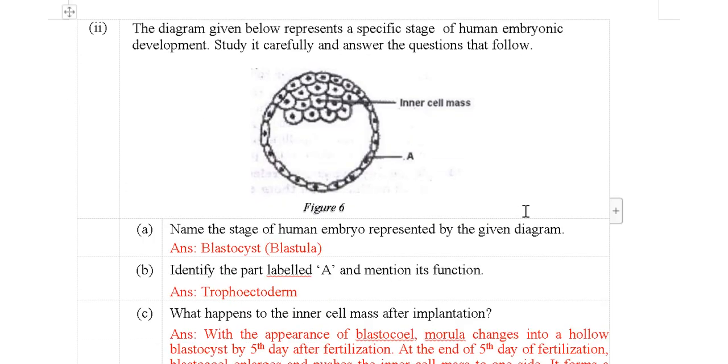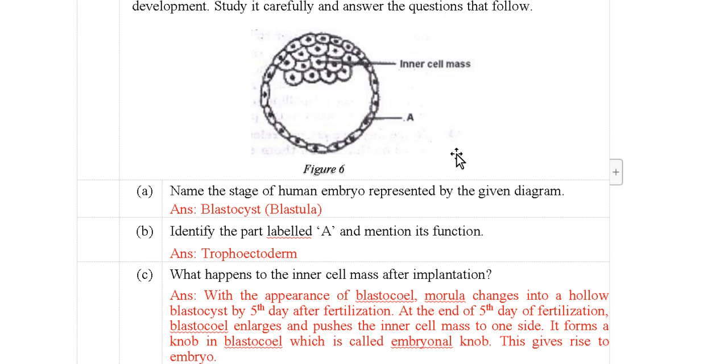Move to the next question. The diagram given below represents a specific stage of human embryonic development. Study it carefully and answer the questions that follow. By seeing this diagram, which stage of the development of the human embryo is being represented here?